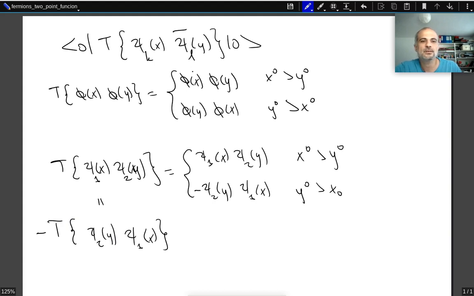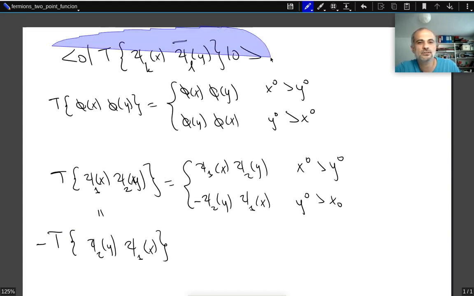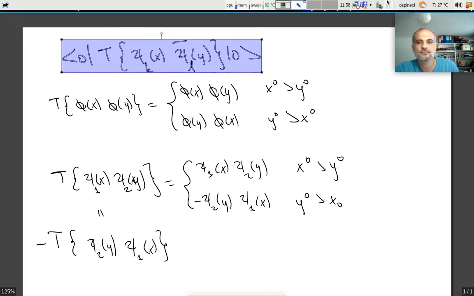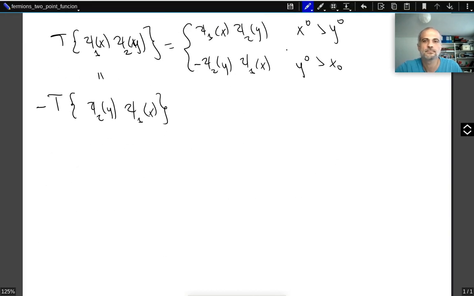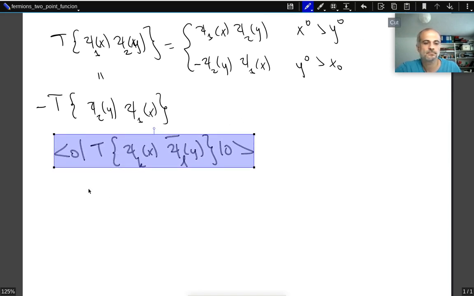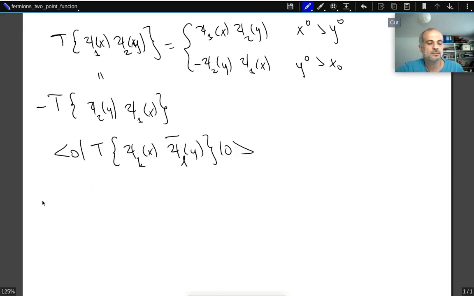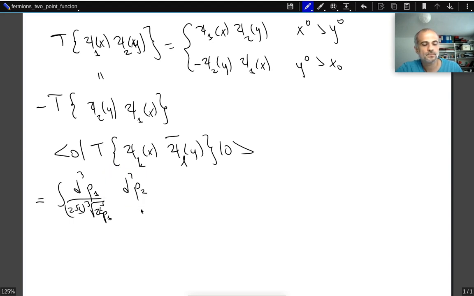Now let's go to the two-point function that we would like to calculate. So this is equal to, well, we will have two momentum integrals. Let's call them P1 and P2: d cubed P1 divided by 2 pi cubed square root of 2E P1, and d cubed P2 divided by 2 pi cubed square root of 2E P2.